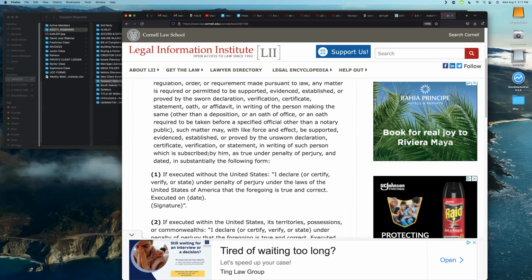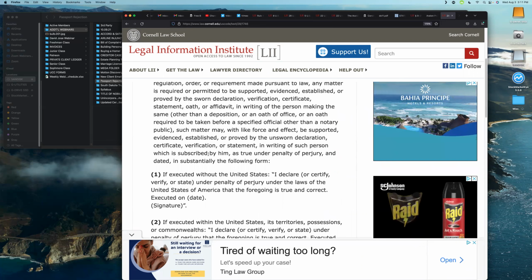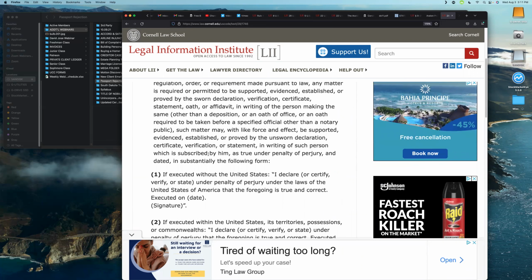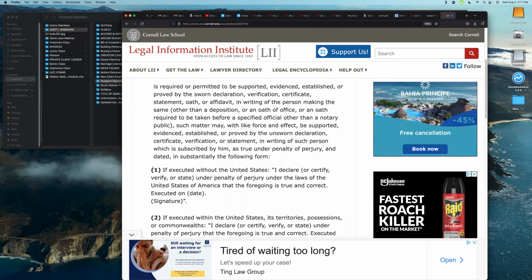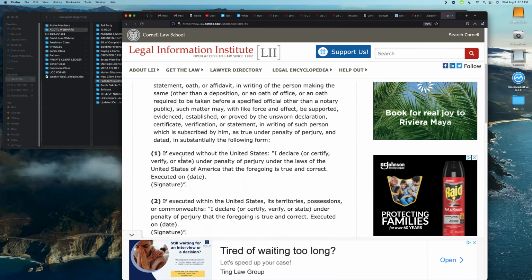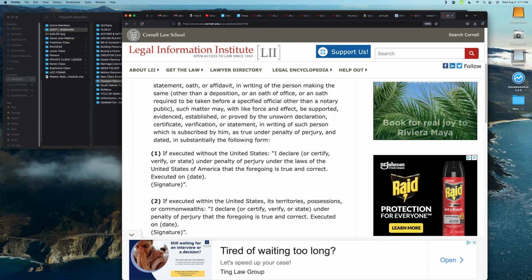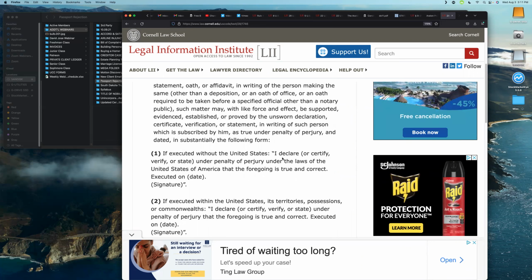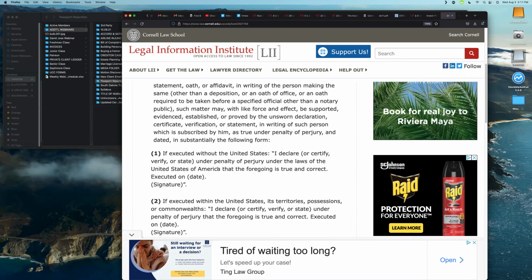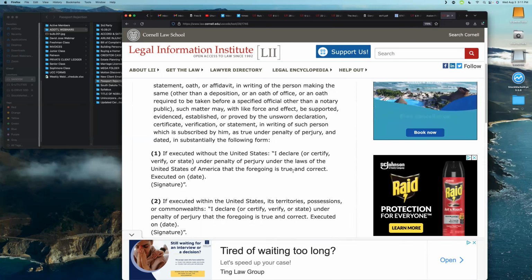They even tell you there are two different sides to the United States corporation. Look at number 1. If executed without the United States, you're going to say this: I declare or certify, verify, or state under penalty of perjury under the laws of the United States of America. This is referring to United States of America in Congress assembled.